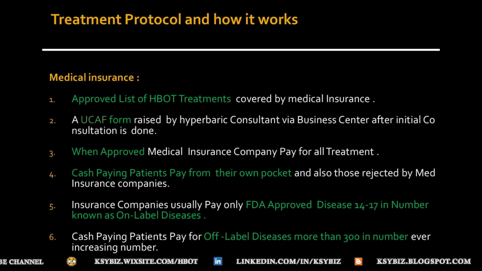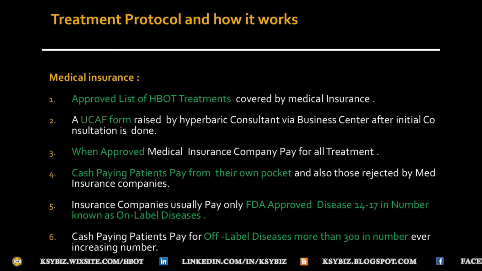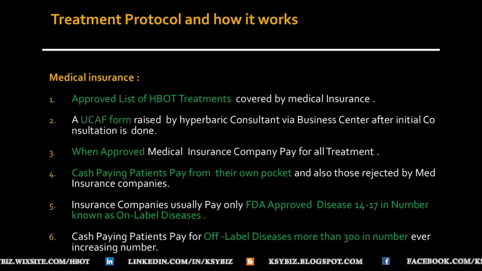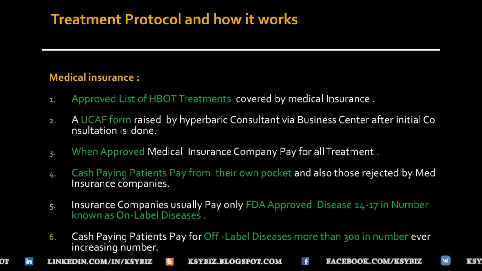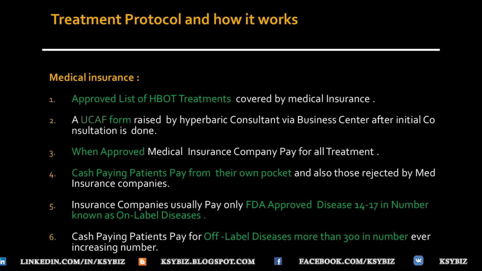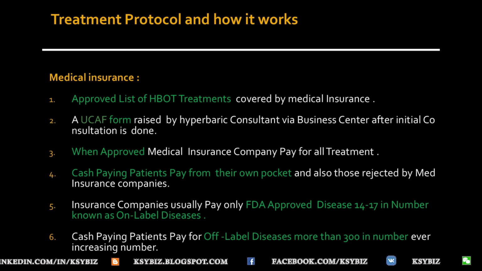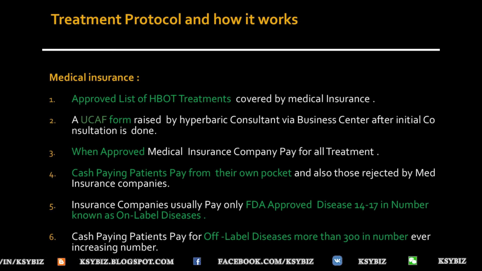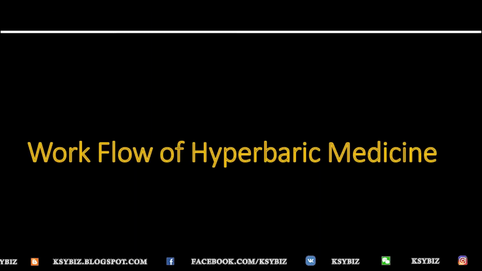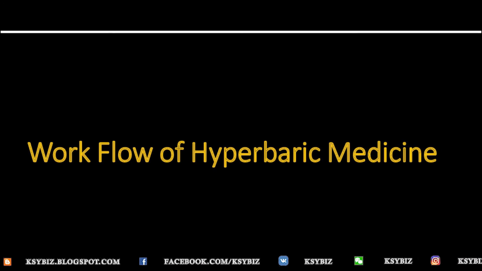The treatment has to be paid by the medical insurance companies, otherwise he has to pay from his own pocket. And the process of medical insurance is that a form is raised, and if approved, then you don't have to pay from your pocket, and all your treatment is paid by the medical insurance company. So this is how the process works.